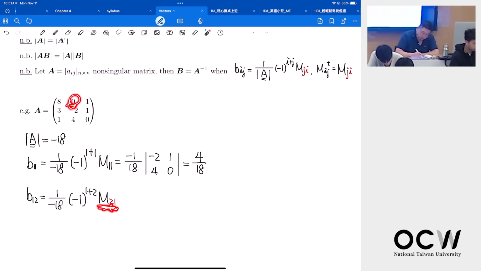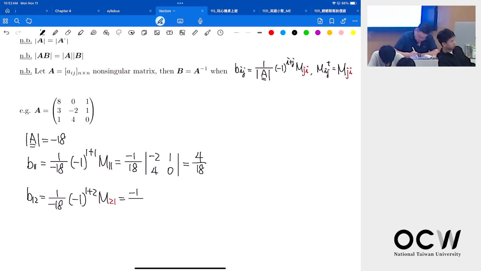So the corresponding, opposite one here. 2, 1, and then cross out the corresponding row and column. Then you have 0, 4, and 1, 0. You get minus 4 over 18.